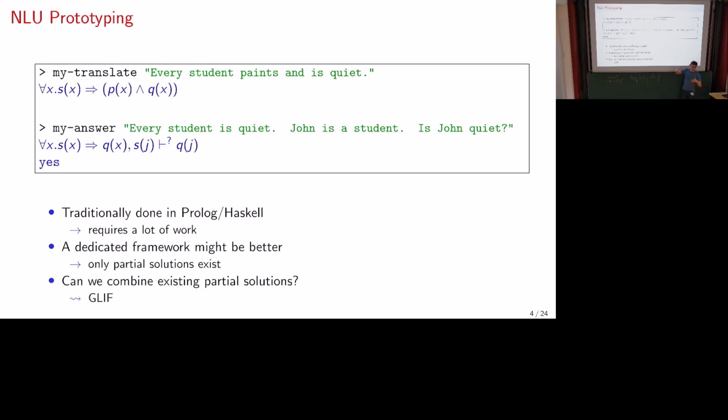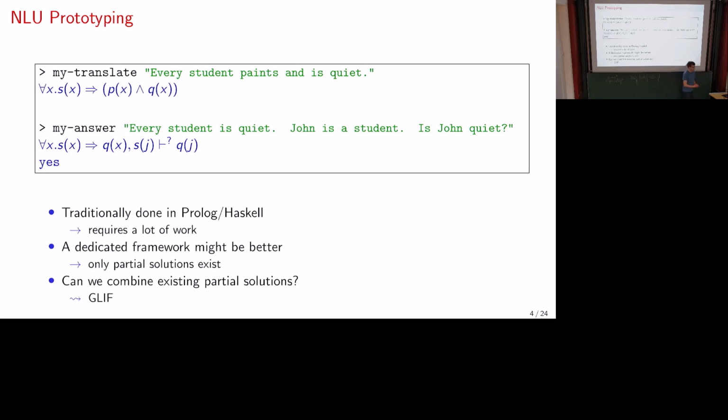I give it a few sentences with a question, and I get an answer, and I can check whether it matches what I expected. I'm using natural language examples here because we originally had general natural language in mind, but I'll also have some math examples later on. We always had the agenda of using it for math in the long term.